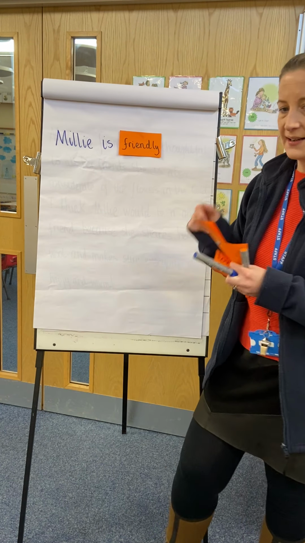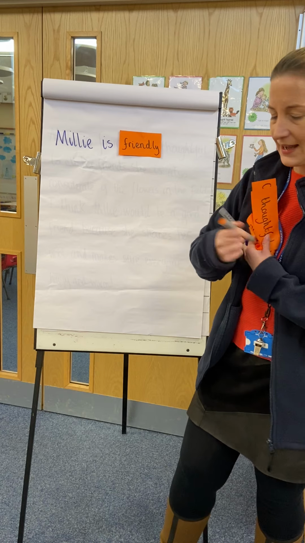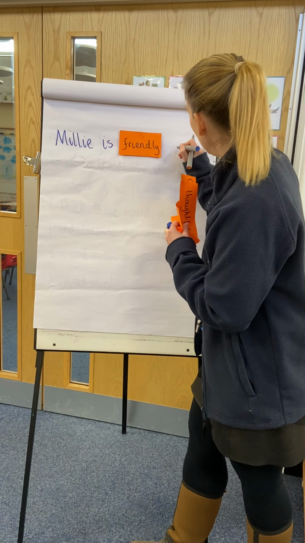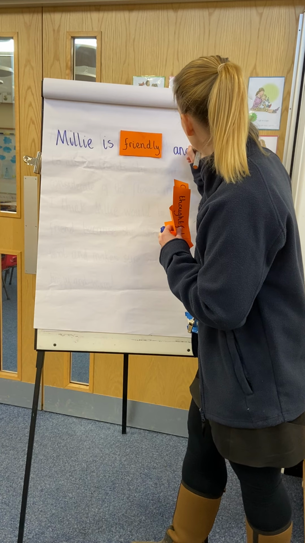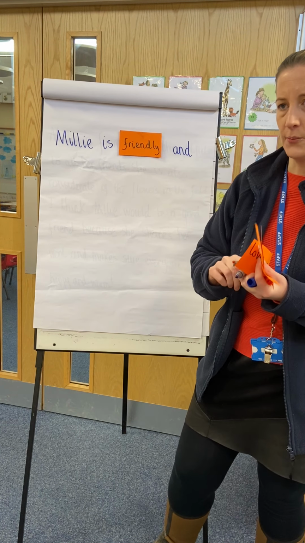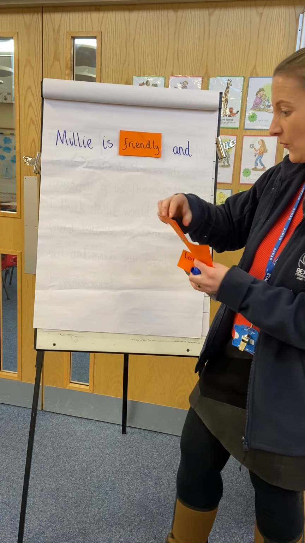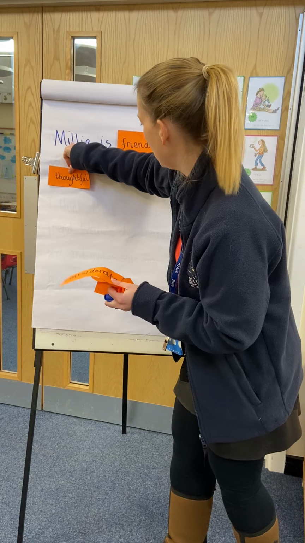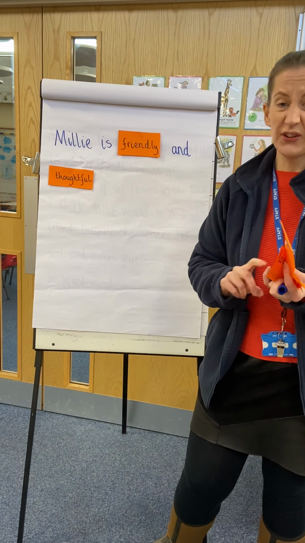And I think I might use another one. So I use the connective and, so Millie is friendly and, oh, sorry, too many pens. So Millie is friendly and I'm going to go with thoughtful, because what she did for her friends was thoughtful. So Millie is friendly and thoughtful, and it's not just to her best friend.